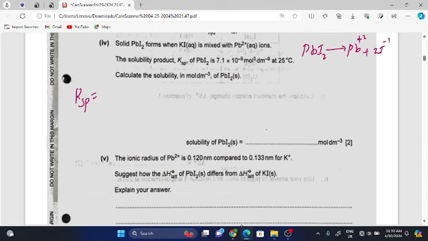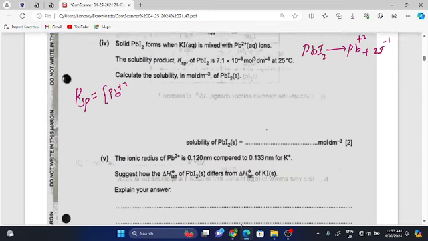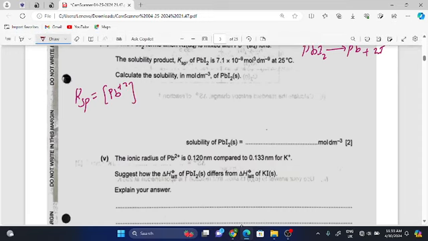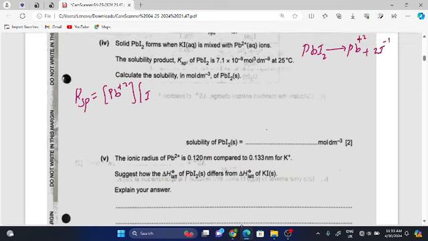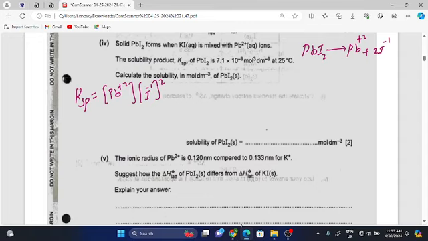So its Ksp expression can be written as the concentration of Pb2 positive times the concentration of I negative raised to the power of 2. Its coefficient makes the power of the iodide ions.